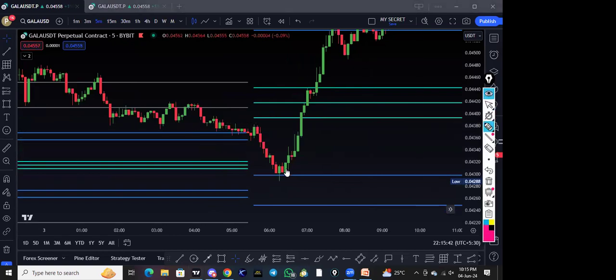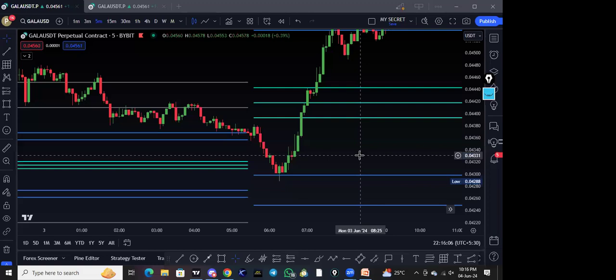But whatever, there should be a wick in this way. The body doesn't matter, let it be small or big. The wick, this tail, should be big. Let it be any candle. If the body is till here, this is a hammer. Yes, we are taking a trade here. This is the best opportunity we should wait for.